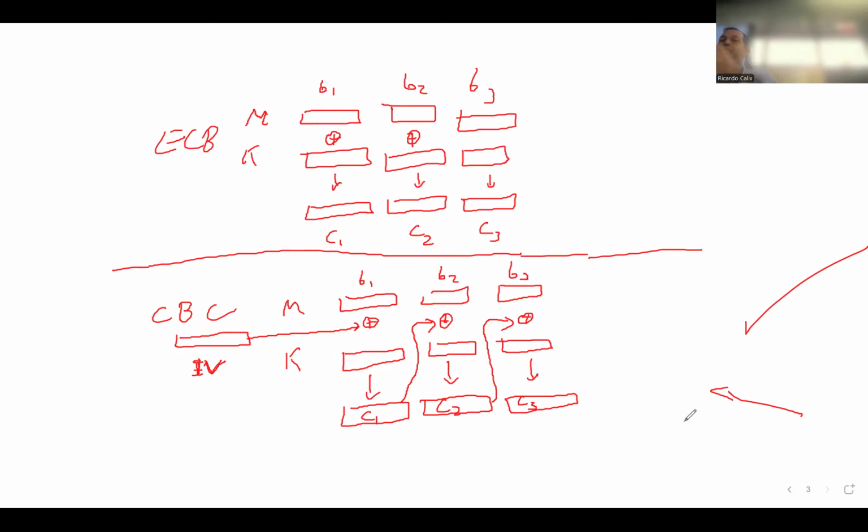Pretty straightforward. So we know, for instance, that messages are going to be very long, right? Like I gave you the example of a movie. A movie is very long, still needs to be encrypted, right? Because it's copyrighted material.